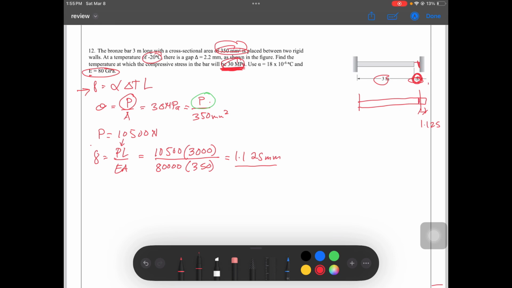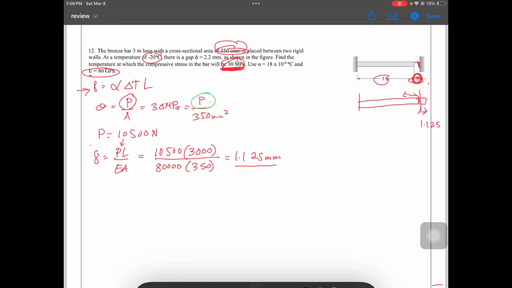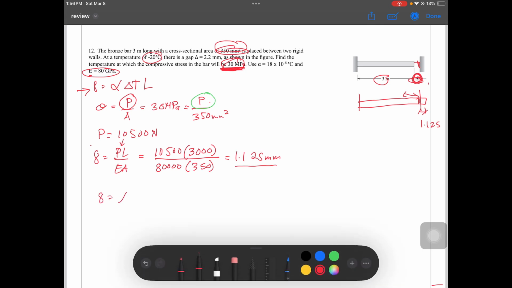So, that means kailangan natin yung temperature na makakapagdikit doon. And then, ano yung total na elongation na kailangan mo? It is 1.125 plus delta. Kailangan natin mabuo ito. So, that is delta na 2.2. Delta is 2.2. Given yan dito.